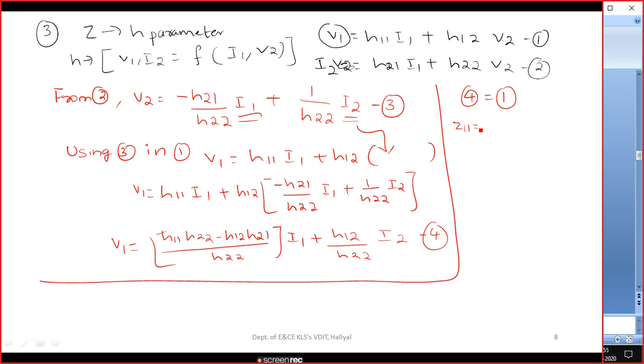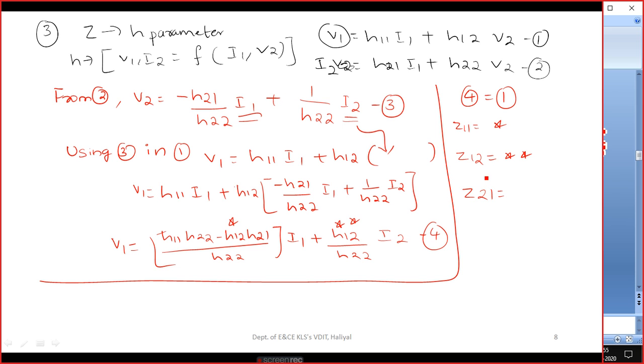Z11. This is a little bit long here, so in short, can I write like this? This is star. Is it fine? Space is not enough here. Everyone comfortable? Yes, sir. Z12 is this double star, but don't write like this in the exam. Okay.